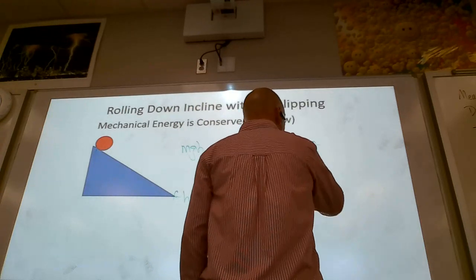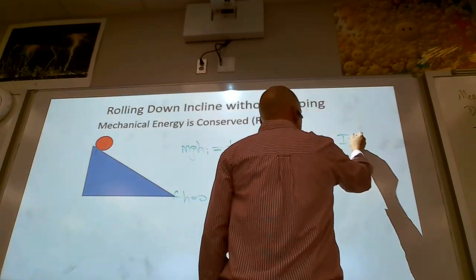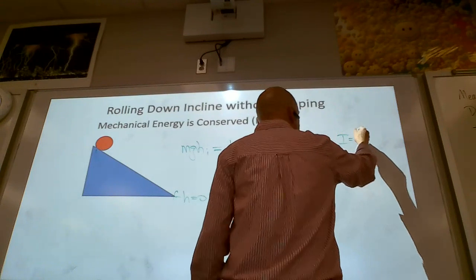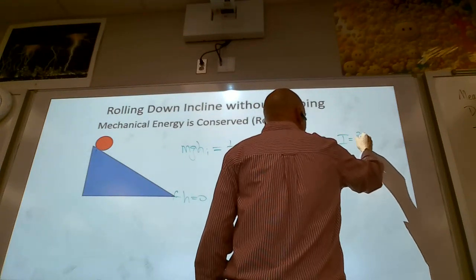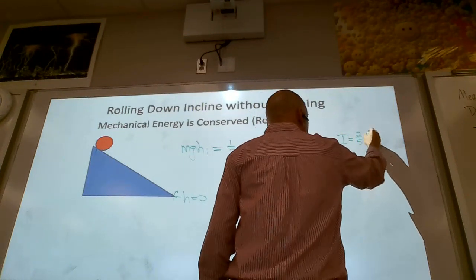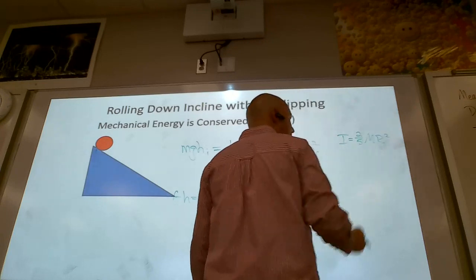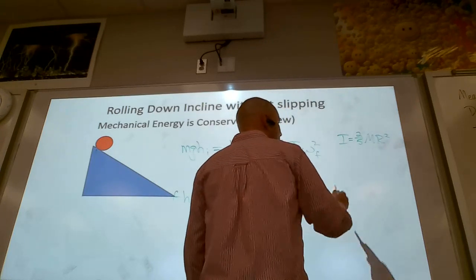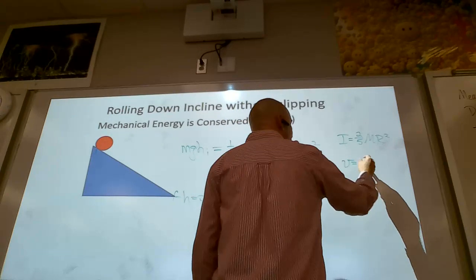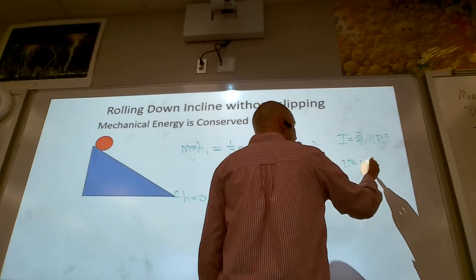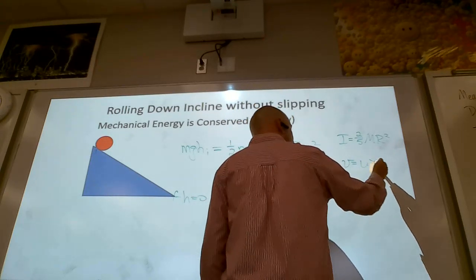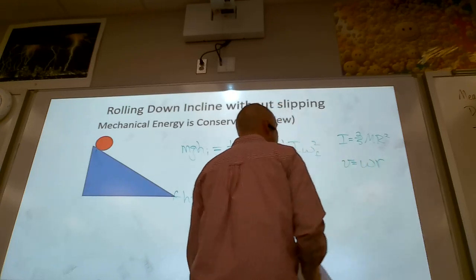Let's say the I is, I can't remember, for a sphere 2/5 m r squared, just making that up. I think that's right, maybe. And then we know that speed is equal to rotational speed times the radius.